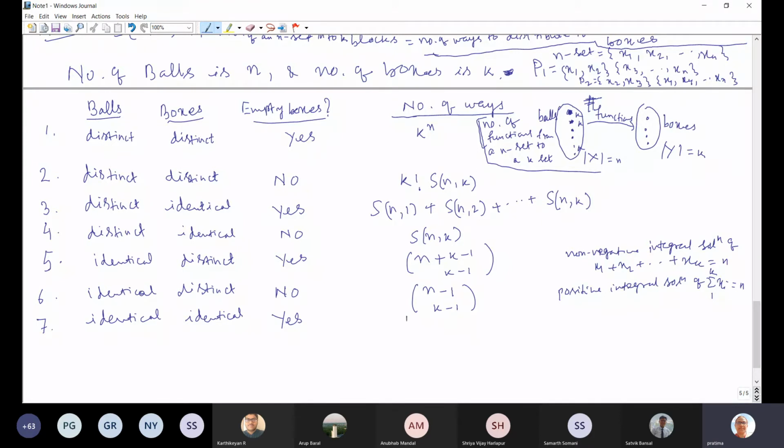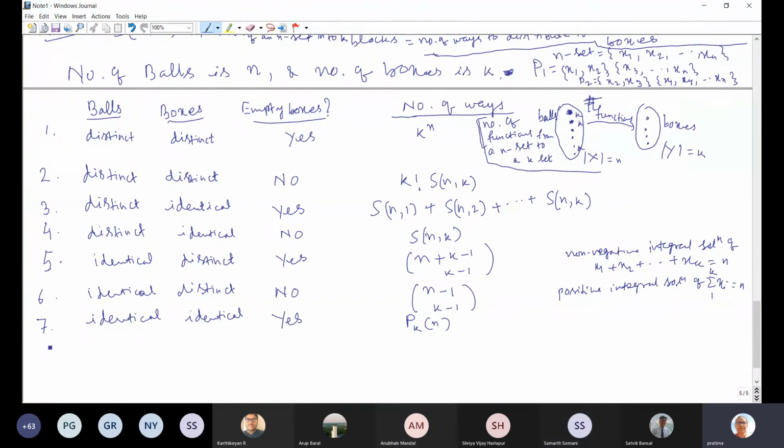Just recall the definition of pkn that we have defined. What was this? Partition of this number n into at the most k parts. This is what exactly you'll get. Will you think about this?